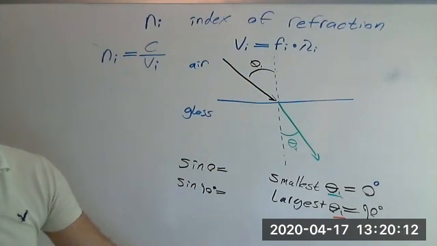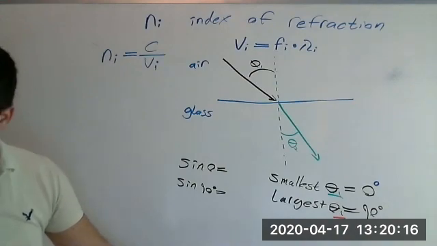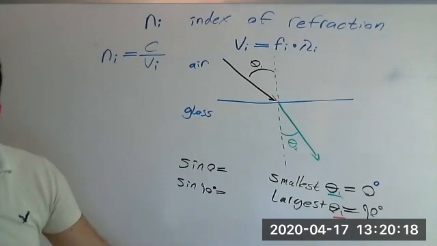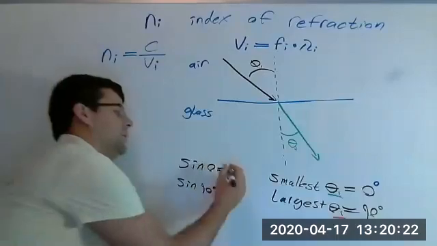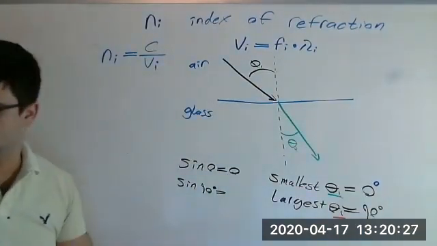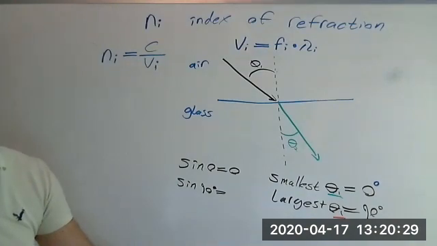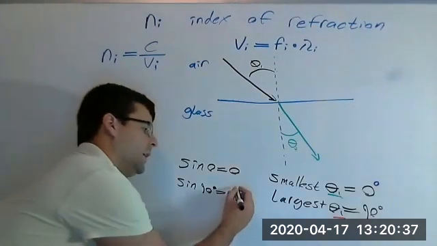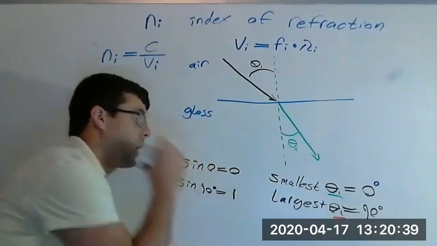Can it be negative 0? Is it 0? 0. See, it's the same thing. So sine of 0 is 0. What's sine of 90? Is it -1? Not -1. Positive 1. Yeah. Thank you.